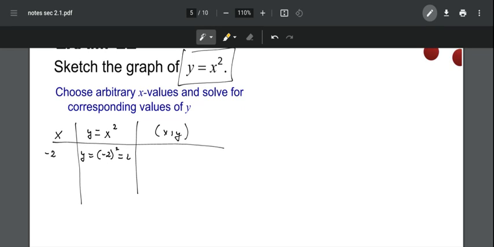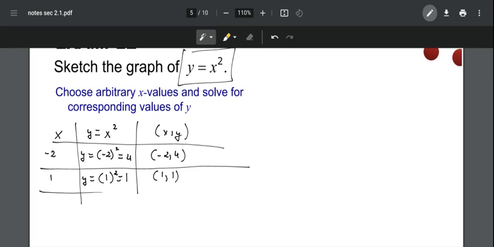Evaluate, we end up with 4. That means we have the point (-2, 4), which belongs to the given equation. Next, let me select -1 for x. To evaluate the y coordinate when x equals -1, we're just going to replace x with -1. We're going to square it, and we're getting 1. So we have (-1, 1).